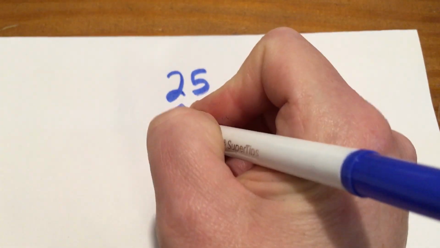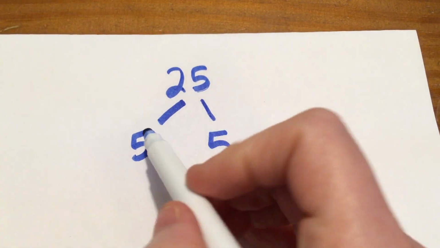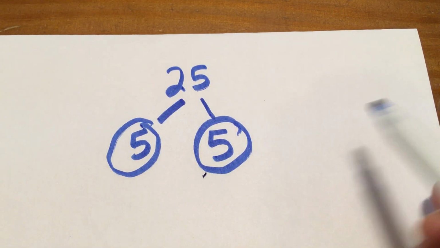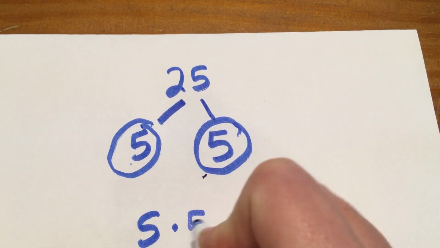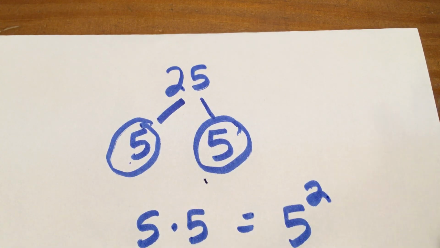So 5 times 5 is 25. It just so happens that 5 and 5 are both prime. Well, we have two 5s here, so instead of writing it 5 times 5, we could actually write it 5 squared.